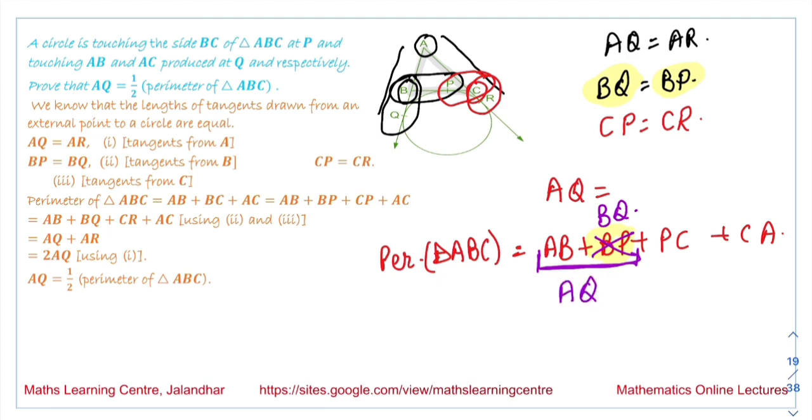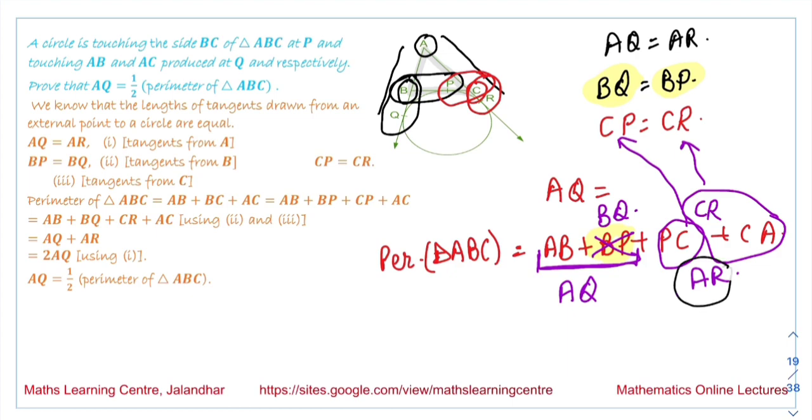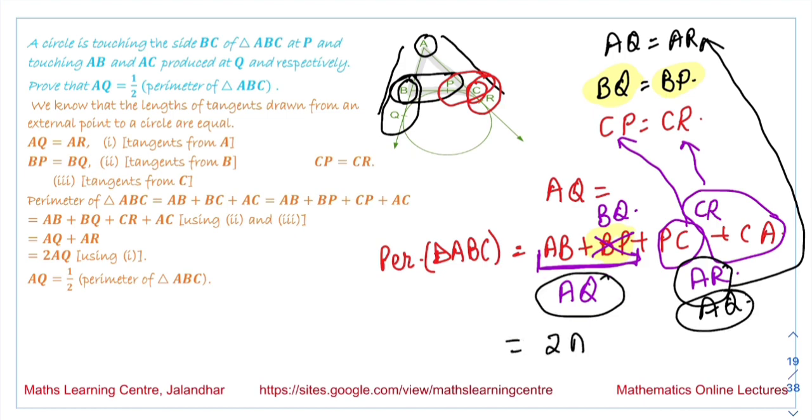Now for the length PC and CA: PC is equal to the length CR, and CR plus CA is equal to AR. And from the first equation we have AR is equal to AQ. So we get AQ plus AQ, that is equal to 2 times AQ. And this is what we have to prove, that AQ is equal to half the perimeter of the triangle ABC.